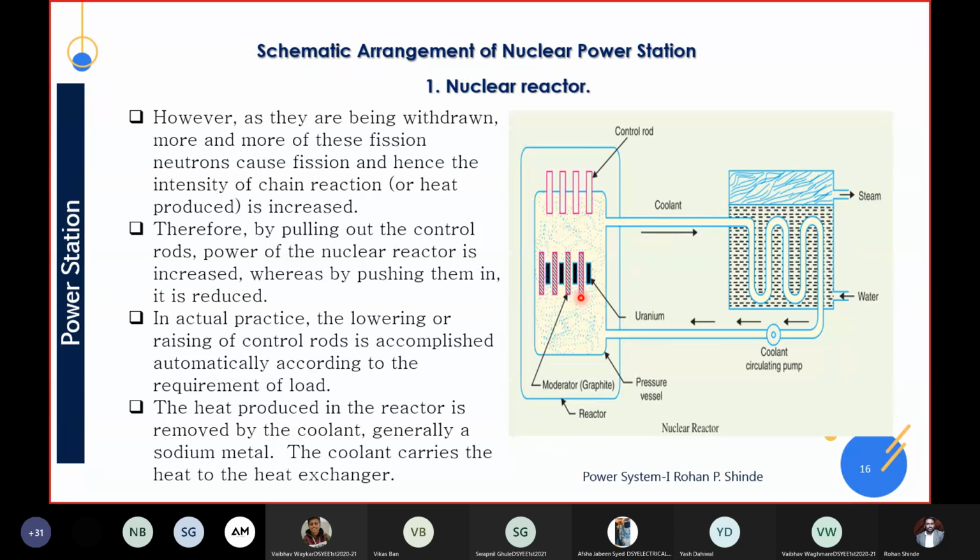However, as they are being withdrawn, more and more of the fission neutrons cause fission and hence the intensity of the chain reaction is increased.